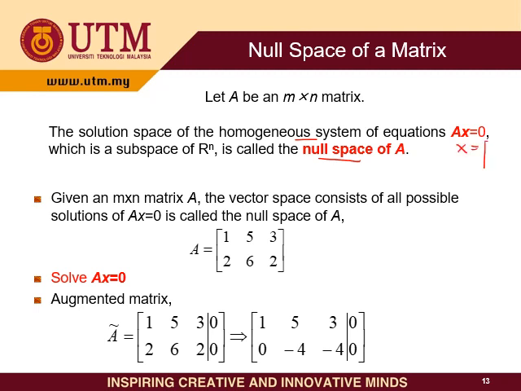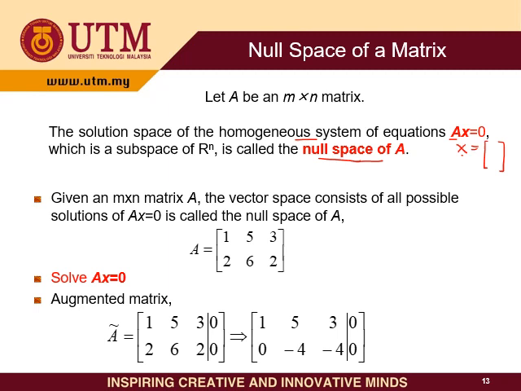X equals what? Because it is a homogeneous system, Ax equal to 0. So A is our matrix, we need to find the x. The x here is the null space of A.